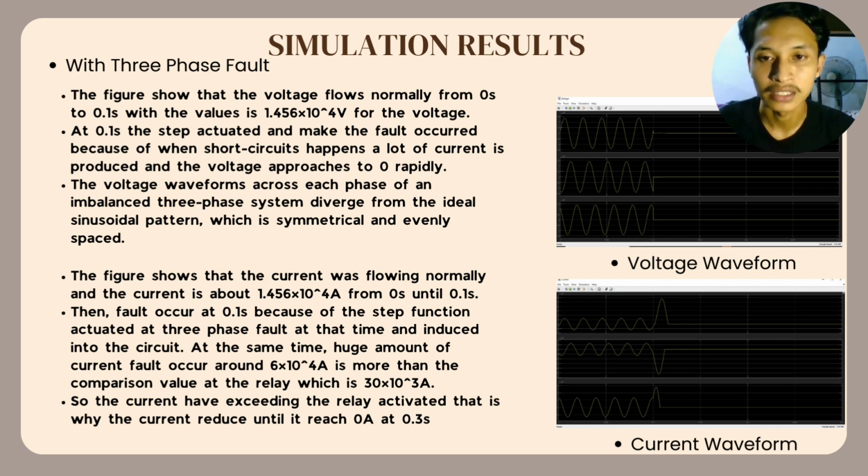At 0.1, the step actuates and makes the fault occur, because when the short circuit happens, a lot of current is produced and the voltage approaches zero rapidly.